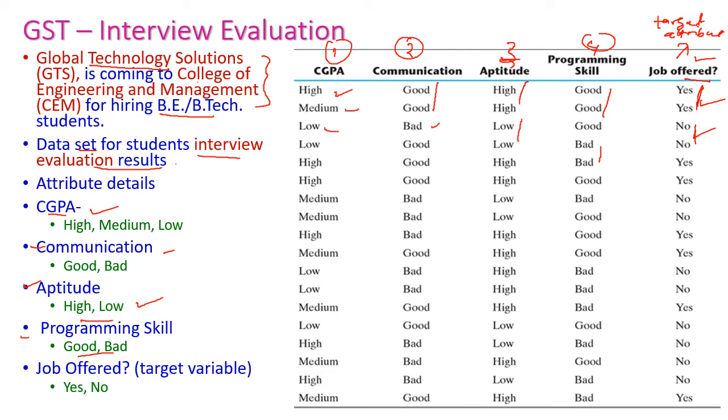Here we don't have the name because the name is not helpful for predicting whether the job is offered or not. So we omit this particular field, that is name. All the other fields we have taken for computing whether the particular student will get a job or not.